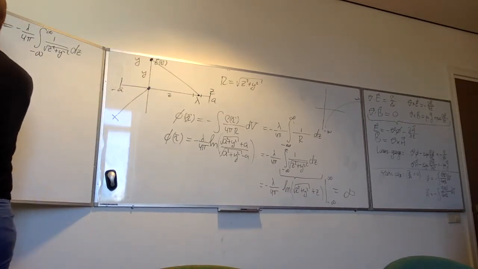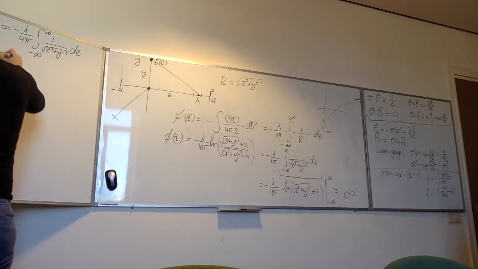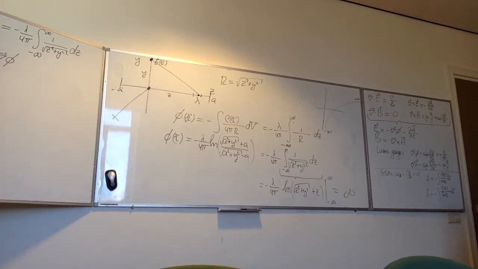Let's calculate the electric field. As you know, the electric field is given by minus the gradient of this scalar potential. Let's see what we get.